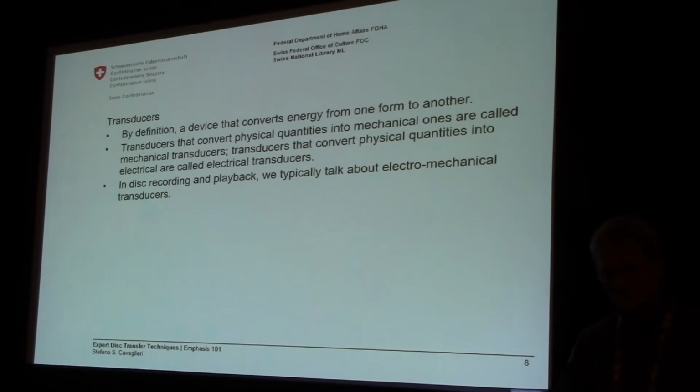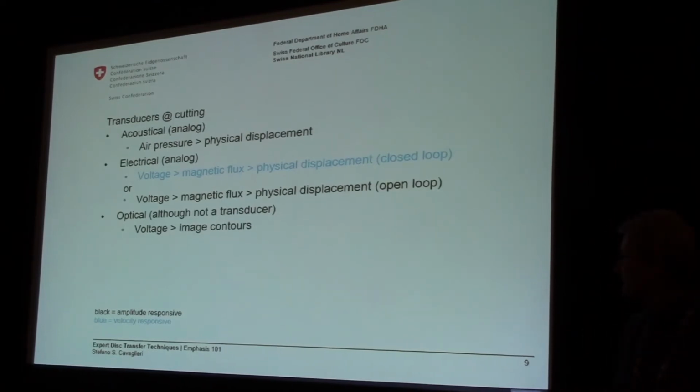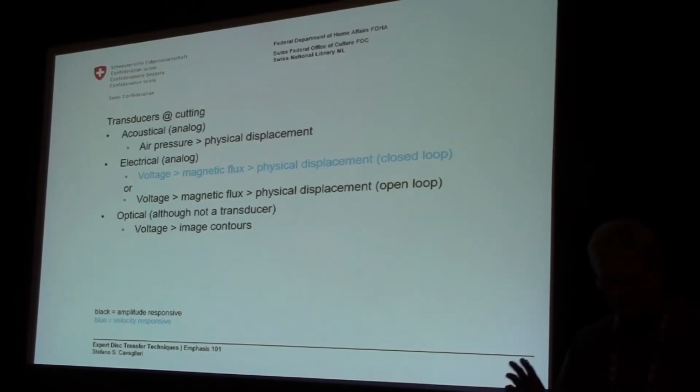We have different types of transducers. What we are using typically in disc recording and playback are usually electromechanical transducers. So, at cutting, we run into basically two types of transducers, which have a different response in terms of frequency versus amplitude response.